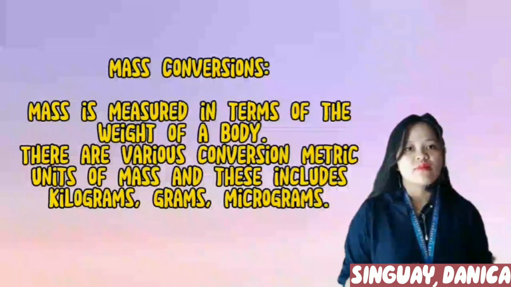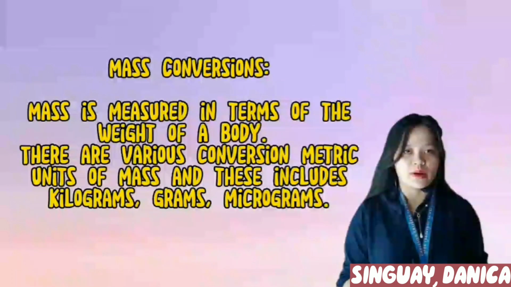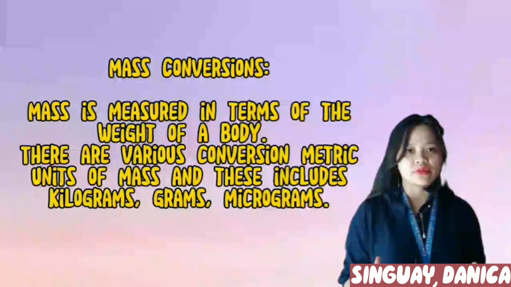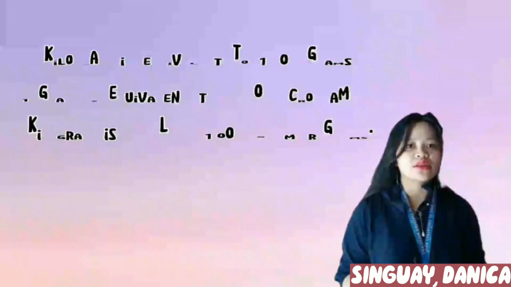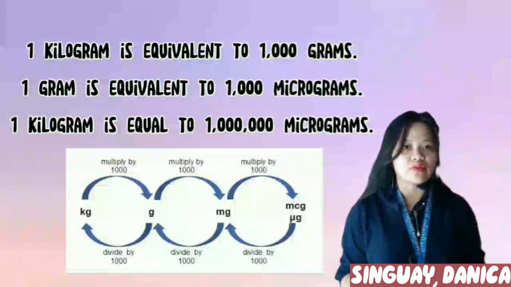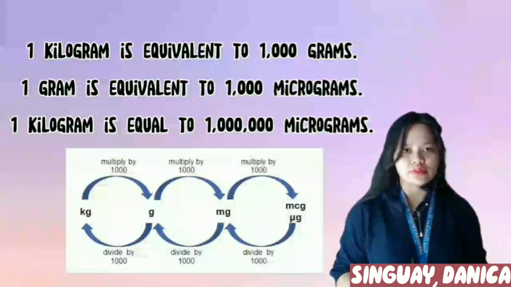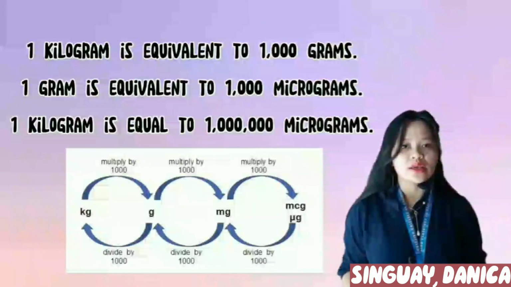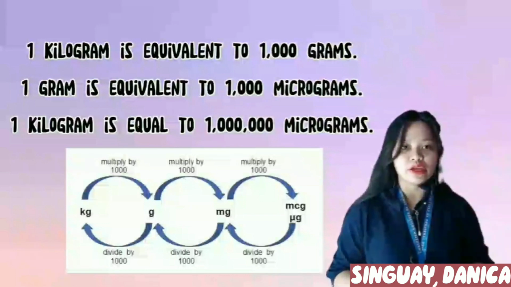Mass conversions. Mass is measured in terms of the weight of a body. There are various conversion metric units of mass, and this includes kilograms, grams, and micrograms. For instance, 1 kilogram is equivalent to 1,000 grams. 1 gram is equivalent to 1,000 micrograms, which means 1 kilogram is equal to 1 million micrograms.